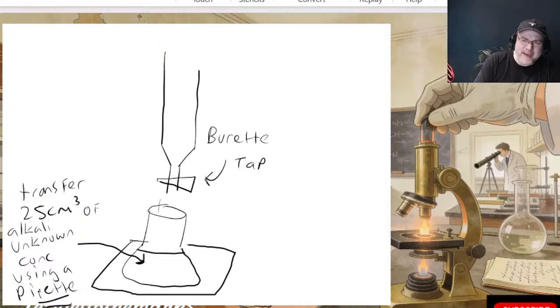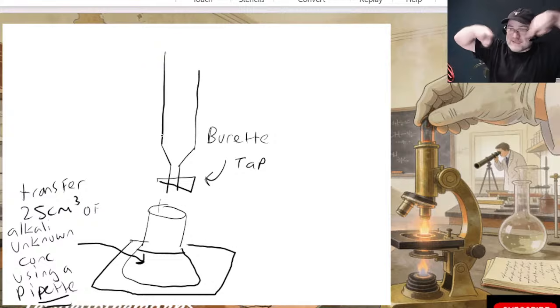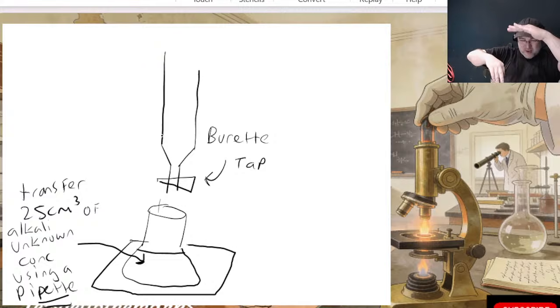Now, a pipette is the most accurate way to transfer a volume. It's more accurate than a measuring cylinder. It can transfer exactly 25, and you don't have to worry about the meniscus, the bend of the liquid at eye level. You don't need to say that with a pipette. The pipette looks like this.